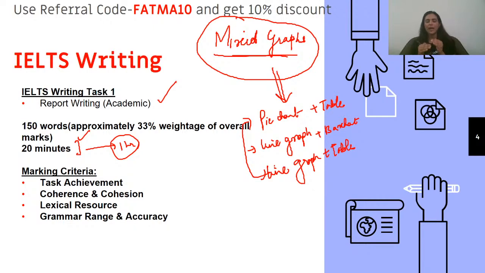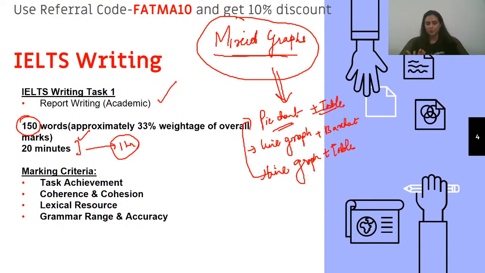Now you already have a lot of information in your report writing questions. Graphical representation gives you way too much information to write in such a low word count. That problem actually doubles, because now you have a combination of two different types, so obviously you have a lot more information to handle.